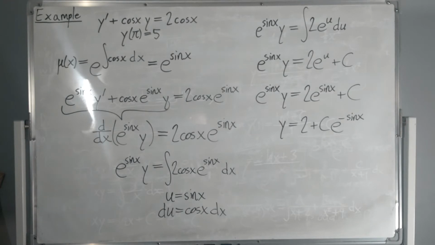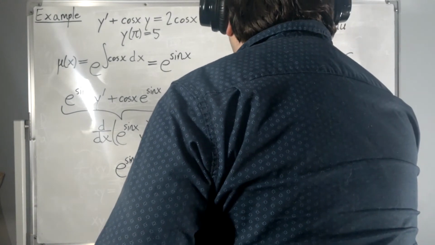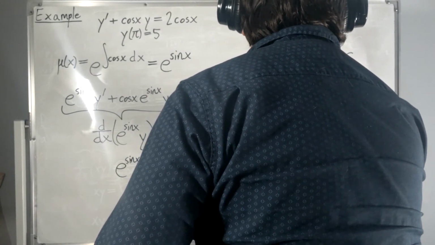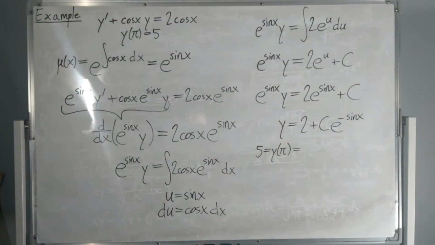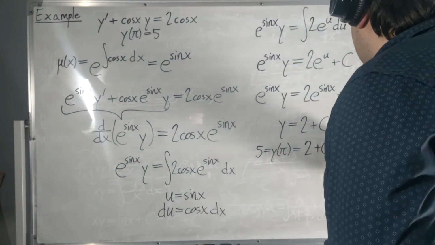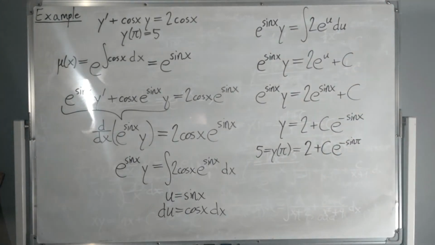To find the particular solution that solves the initial value problem, we just have to say 5 equals y of pi, which in this case is going to be 2 plus c e to the negative sine of pi. The sine of pi is 0. e to the 0 is 1.